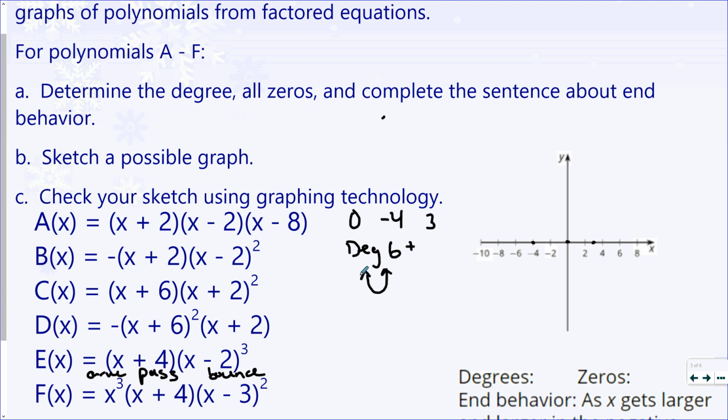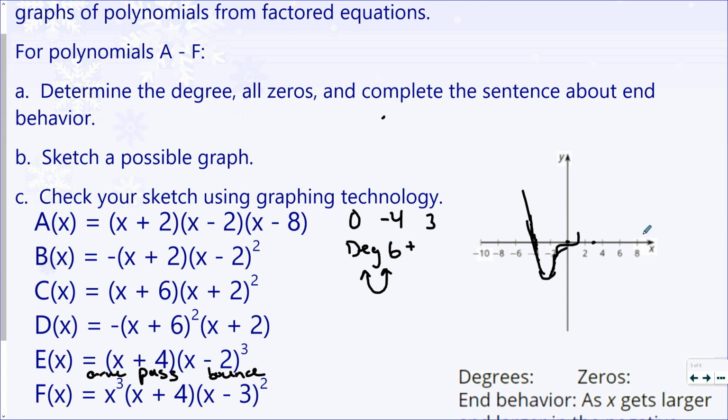We're going to start high, right? And the first thing to do is we're going to pass through the first x-intercept. Okay, but now it's going to come back up again. But because it's going to curve through 0, kind of like that.